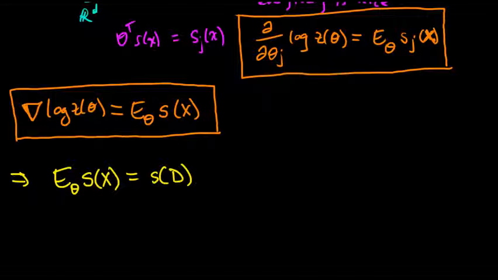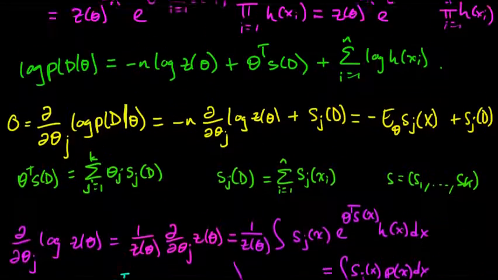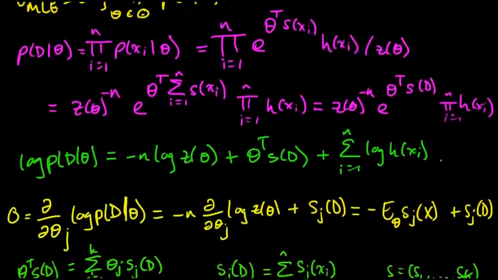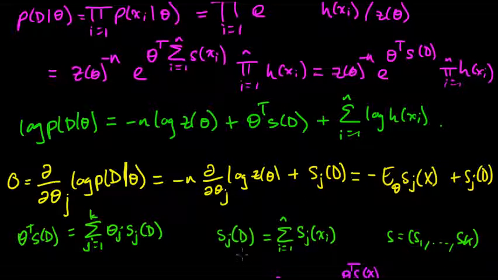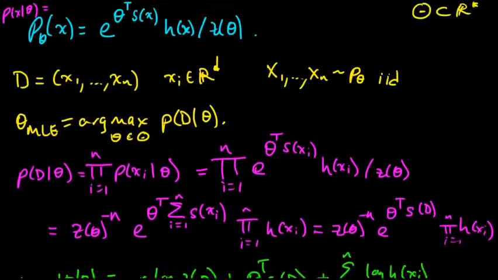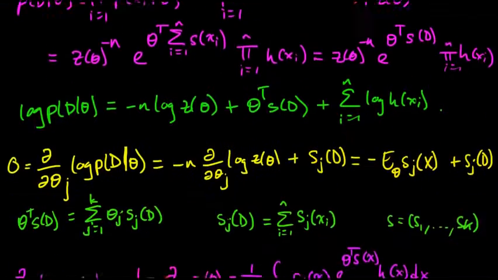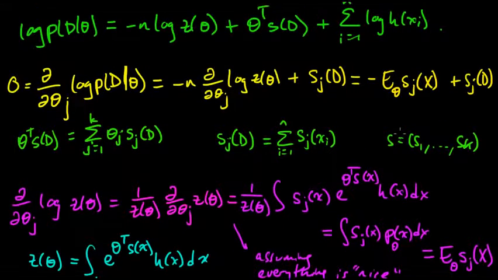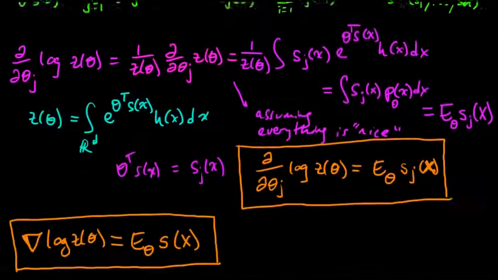Okay, and what's s of d? S of d was, by definition, our little shorthand for, let's see, where was that? We defined it somewhere. I guess maybe I didn't define s of d. S of d is just the sum of the s of x's.